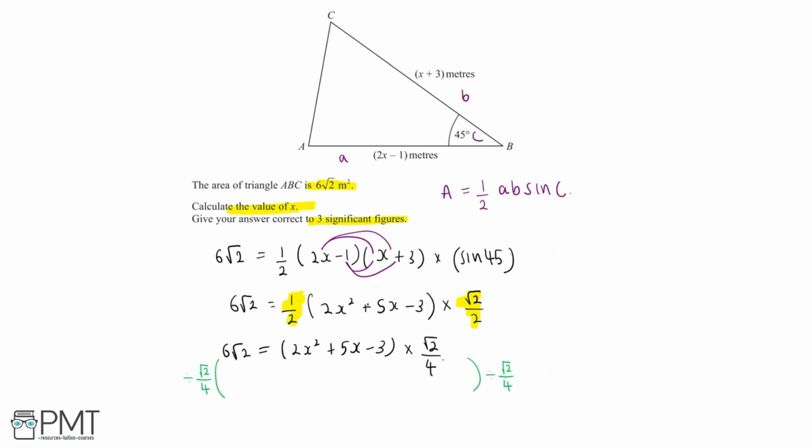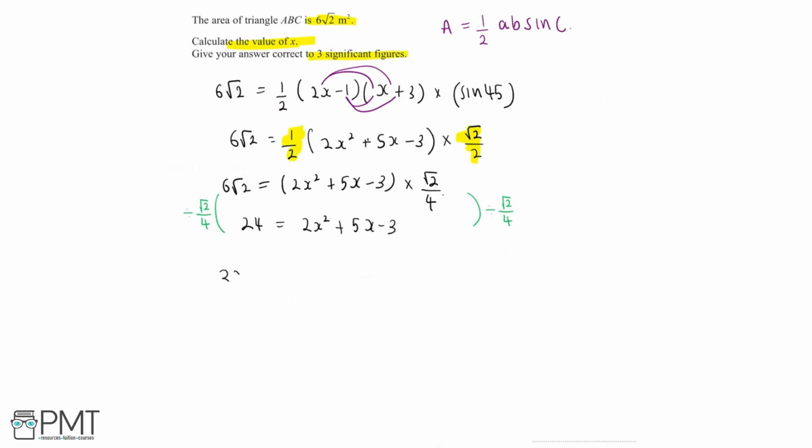When we divide the left-hand side by root 2 over 4, we have 6 root 2 divided by root 2 over 4, and when we plug this into our calculator, we get an answer of 24, and then 2x squared plus 5x minus 3, all multiplied by root 2 over 4, divided by root 2 over 4, will simply leave us with 2x squared plus 5x minus 3. We can now say that 2x squared plus 5x minus 3 equals 24.